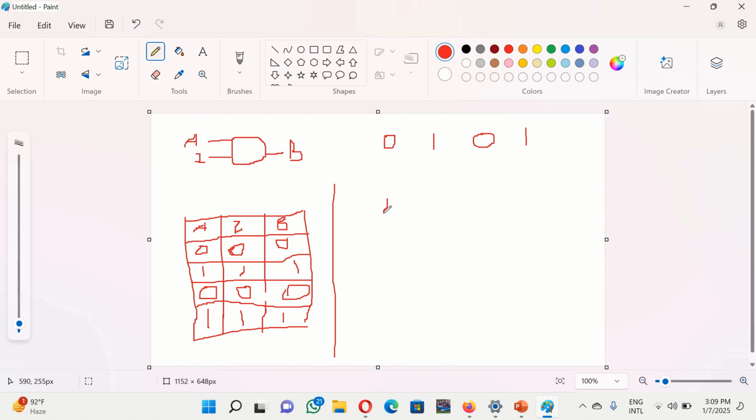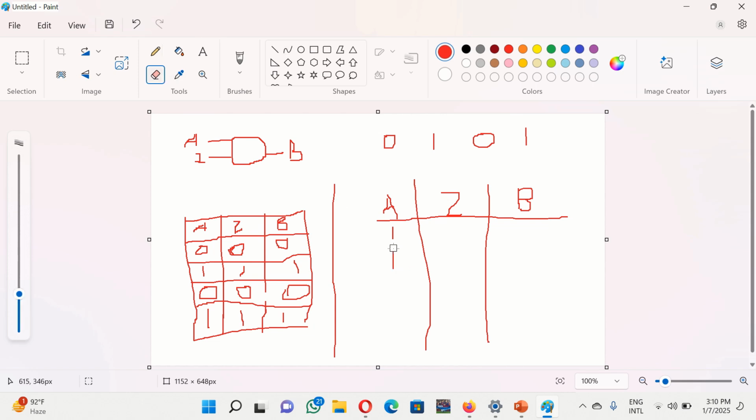They say A, then we have Z here, and then we have our B here. So imagine this time we have 1, 1. Okay, let me separate it a little.